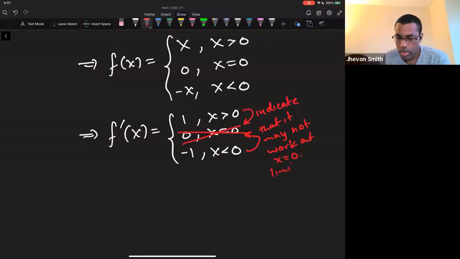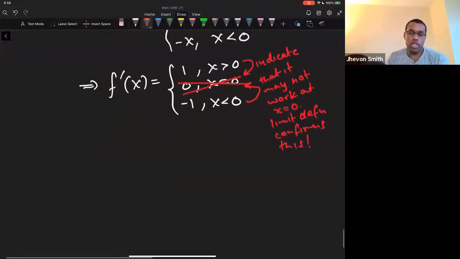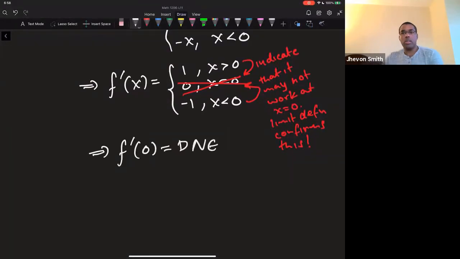The limit definition will confirm. And so you'll realize that f prime at 0 just does not exist, because immediately to the left and to the right, it's not going to work out.